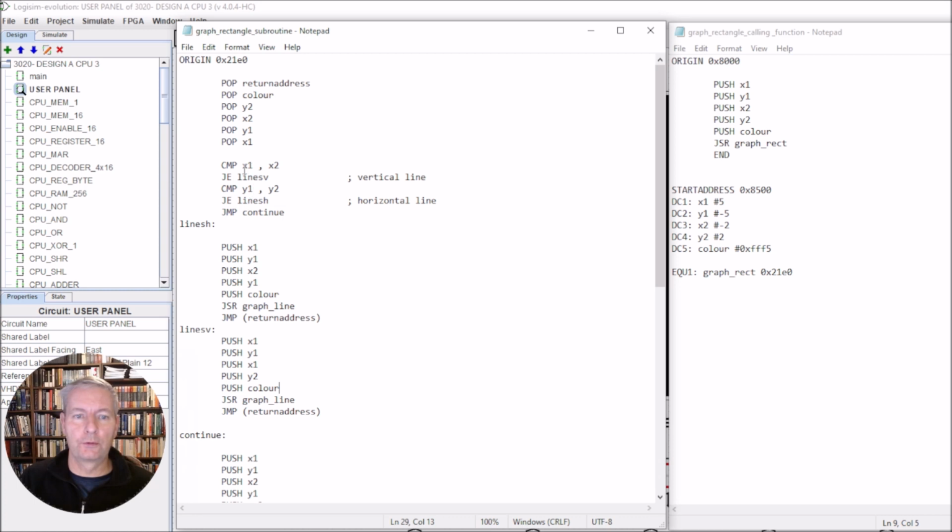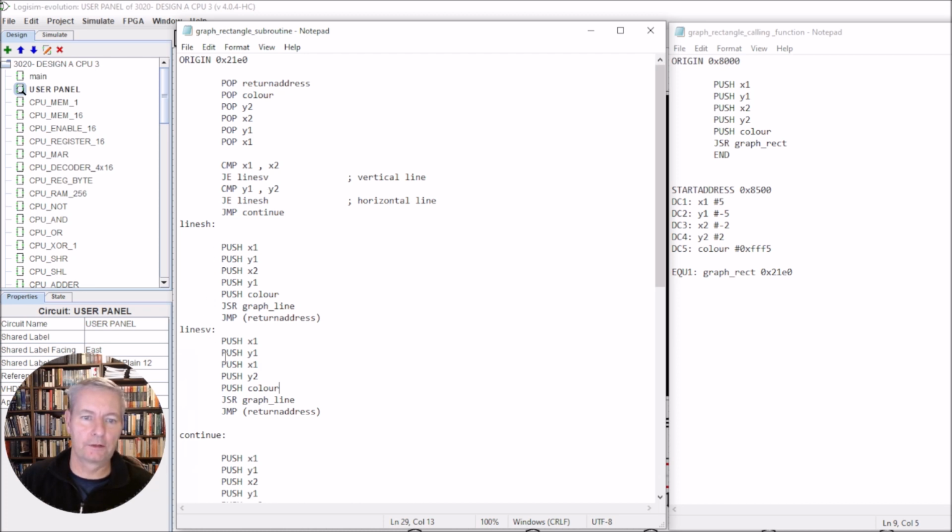So what we're going to do is we're going to compare x1 and x2. So if the value for x1 and x2 are the same, then it means that we're going to in effect just draw a vertical line. So we jump if they are equal to the lines V, so that just stands for lines vertical.